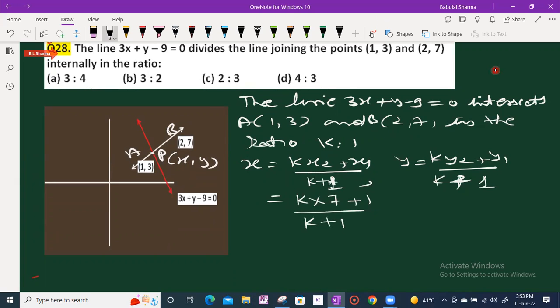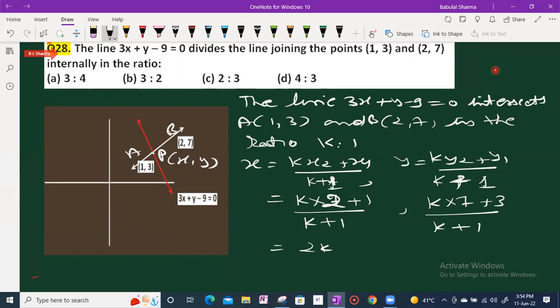And the y coordinate will be k times y2, which is 7, plus y1, which is 3, upon k plus 1.